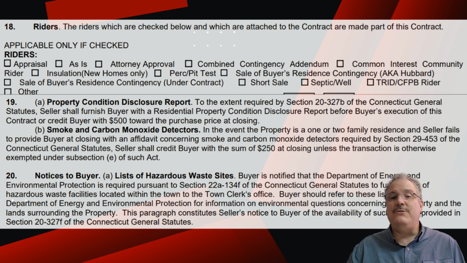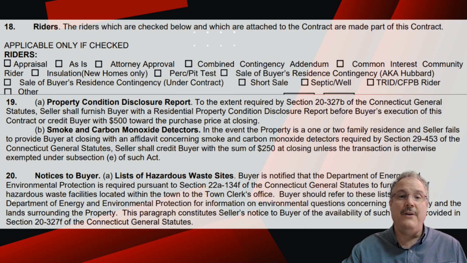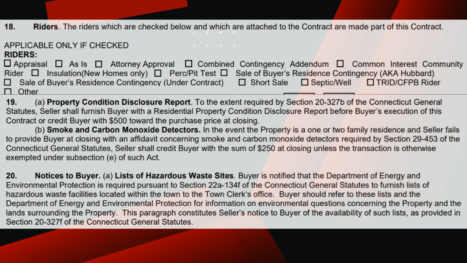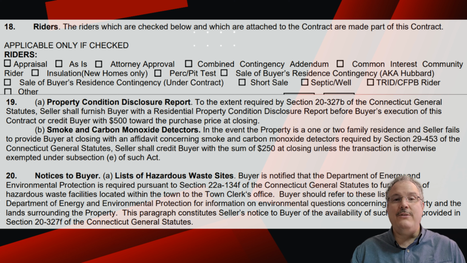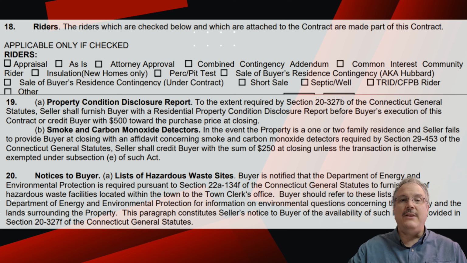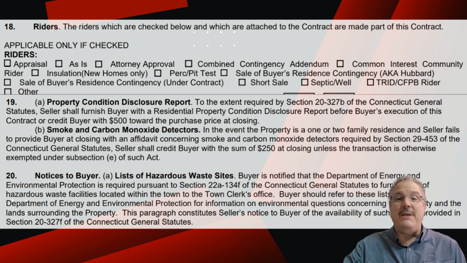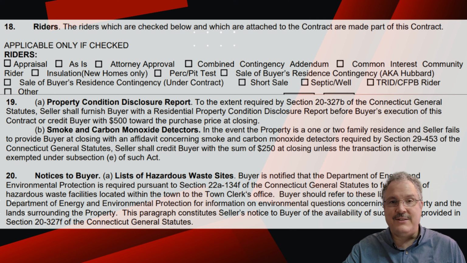19B is related to the smoke and carbon monoxide detectors by code and regulations that are supposed to be in the home. If the sellers don't have these in place, they either have to put them in place or they have to give you a $250 credit at closing. Section 20 is to alert you to the fact that there are rules and regulations that require a list of hazardous waste sites be kept at the town's offices and that you have access to these lists.